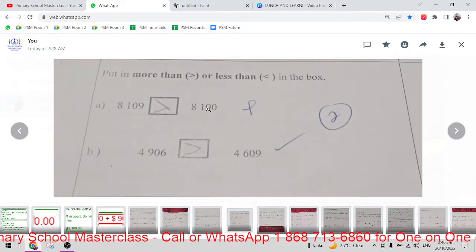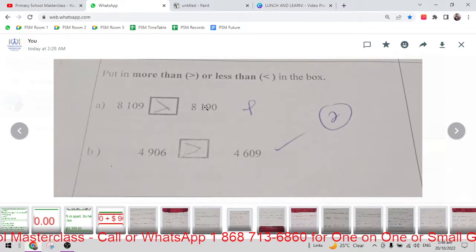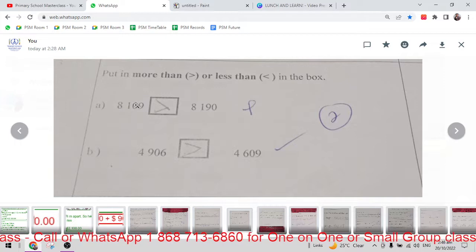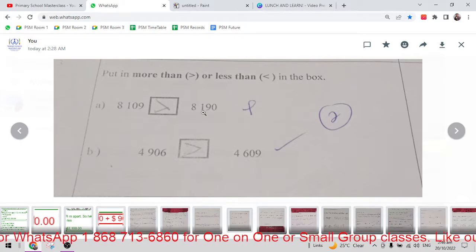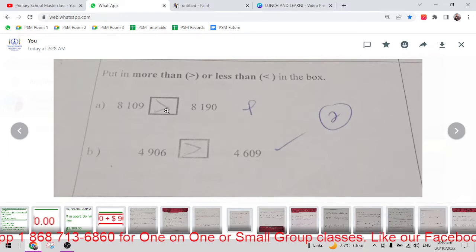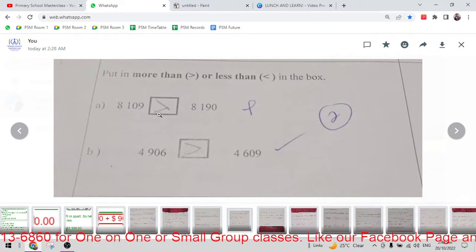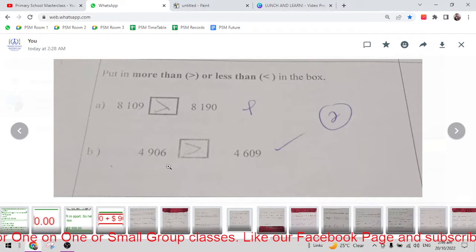Once you see that there is a 9 in the 10 here and a 0 here, you'll know that this number is bigger. So how it reads, you would say 8,109 is less than 8,190. So you put the less than sign here and not the greater than sign. So you would read it like this: 8,109 is less than 8,190. And she got this right.